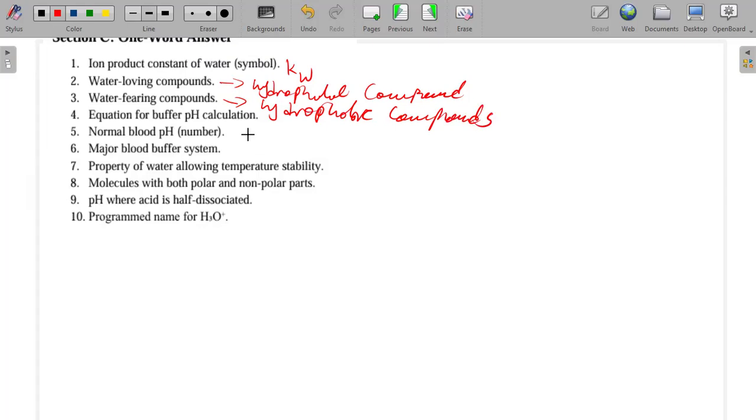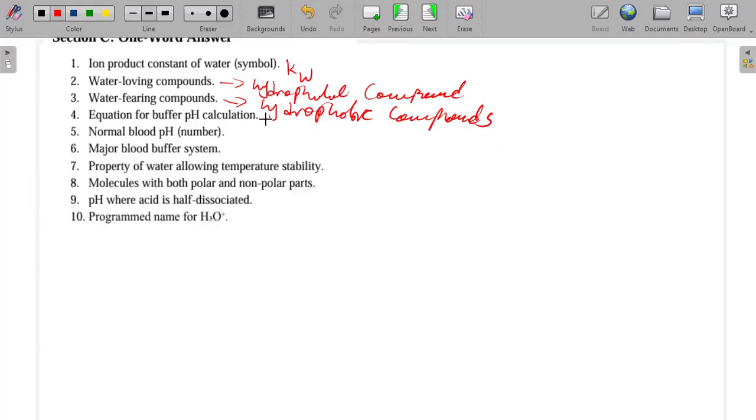Okay, then we also have the next one, which is saying equation for buffer pH calculation. Okay, so for the equation there, we are looking at the HH equation, isn't it? The Henderson-Hasselbalch equation. Okay, so for the HH equation, remember, we can have two, depending on what you start with, right?